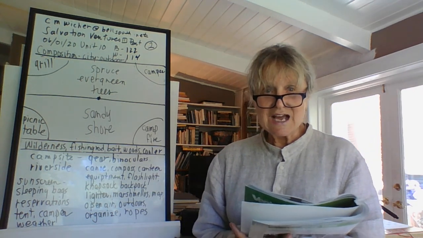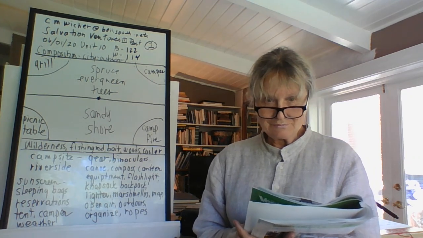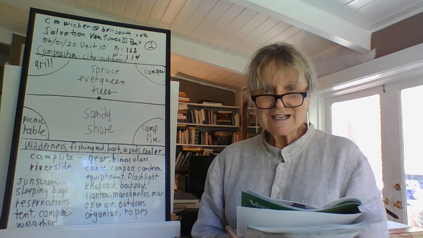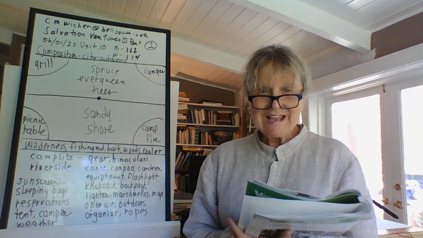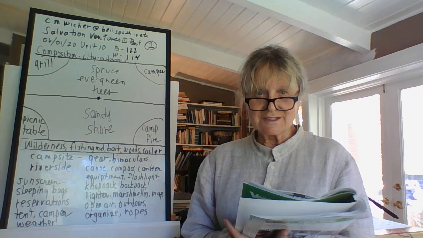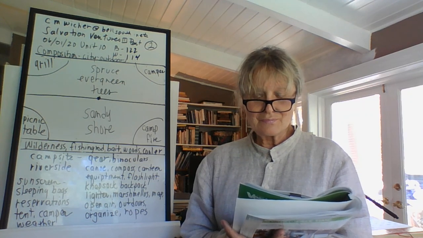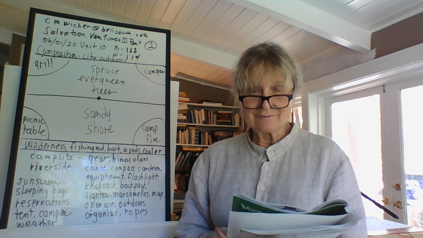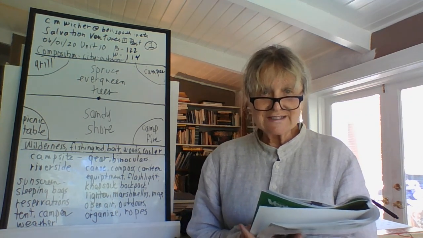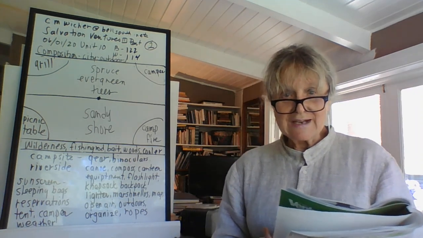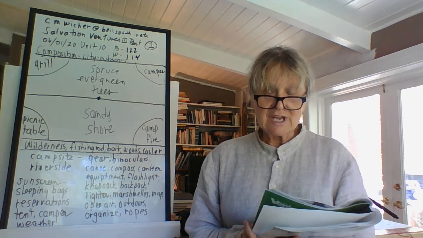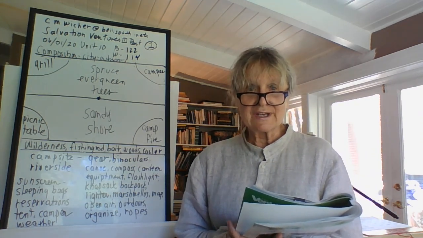Next, discounts. Next, exhausted. What is the adjective form of exhausted? Exhausting. It was an exhausting flight. So that describes the flight. So you would add ing in order to create an adjective out of the word exhausted.